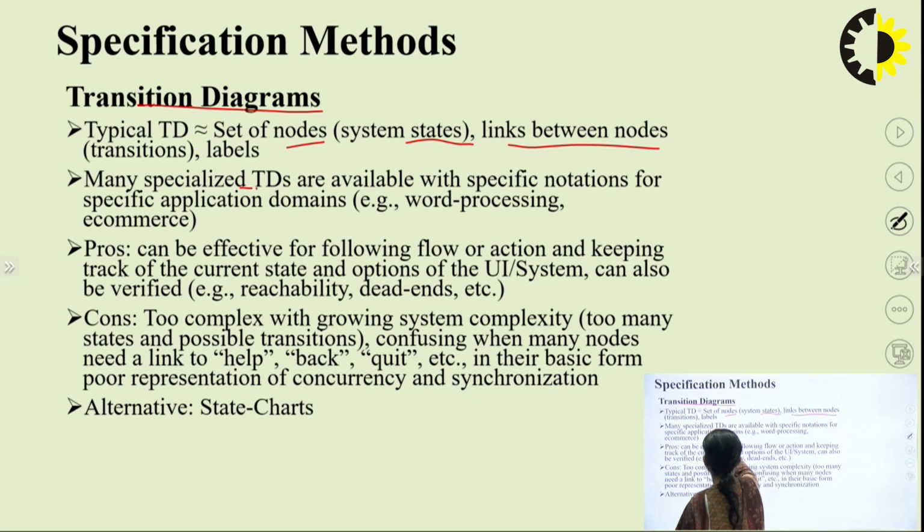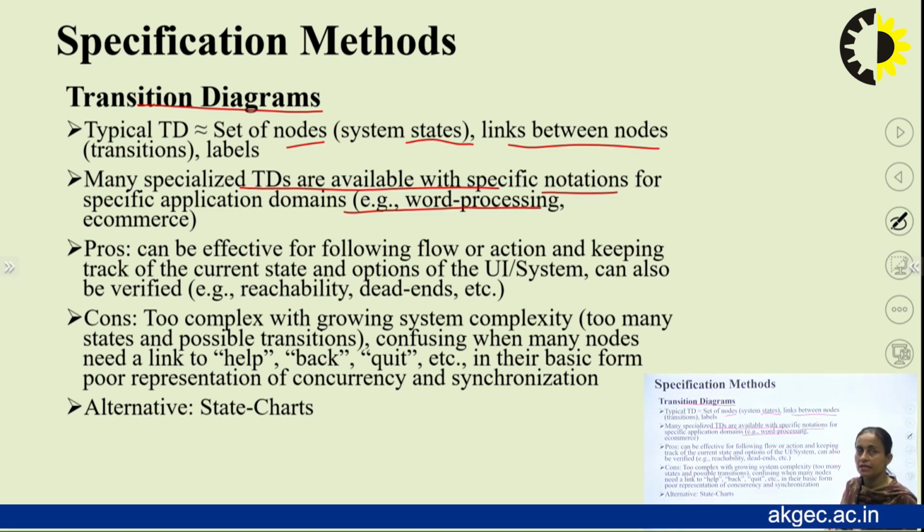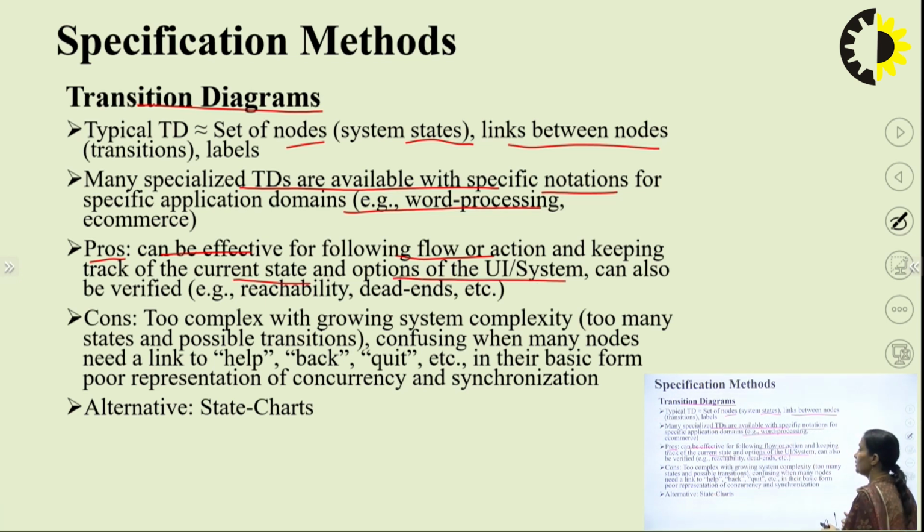Many specialized transition diagrams are available with specific notations for specific application domains, for example word processing and e-commerce. The advantage of drawing a transition diagram is that it is very effective for following the flow or action, or keeping track of the current state and the options of the UI. And it can be verified to show reachability and to show the dead ends for every transition.